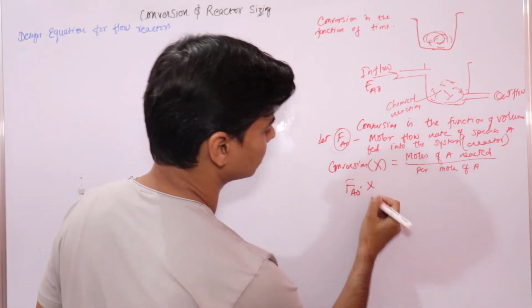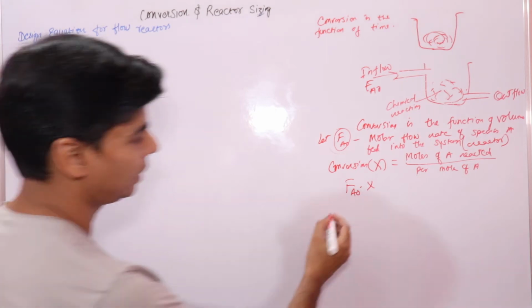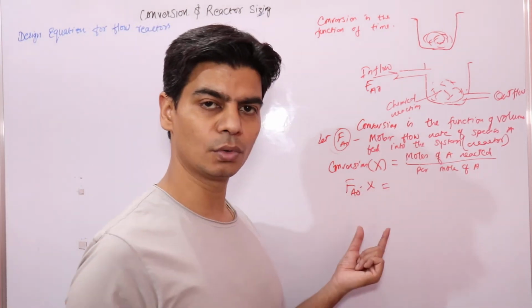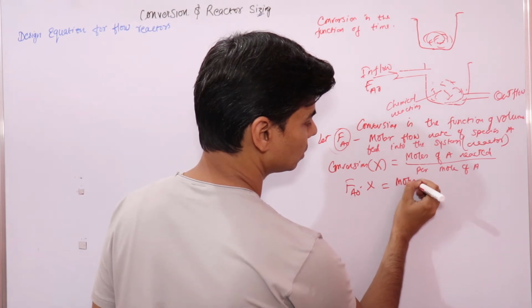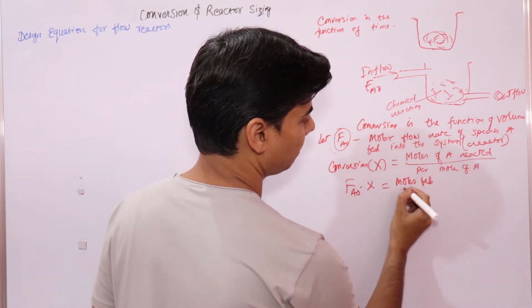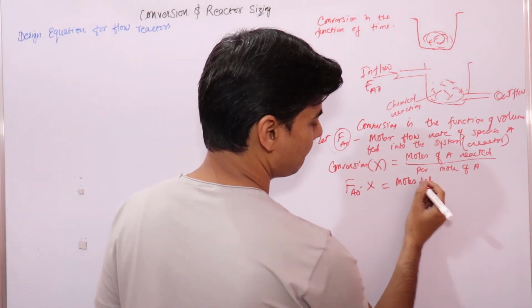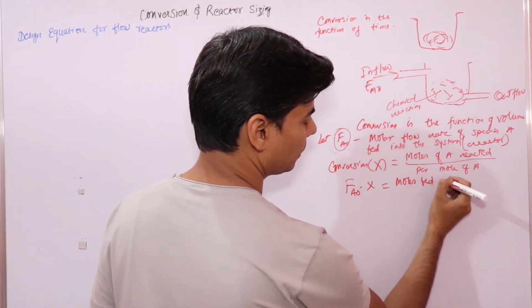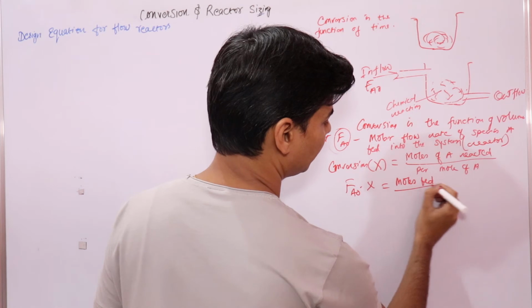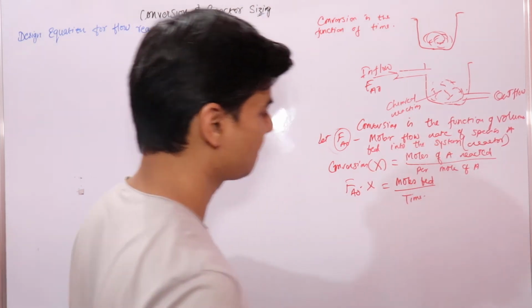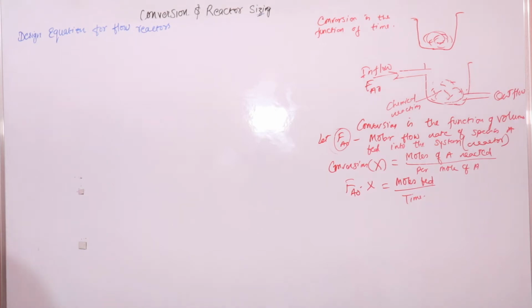This is FA0 dot X. And what is FA0? If you want to know it mathematically, FA0 is your moles of A fed divided by time.